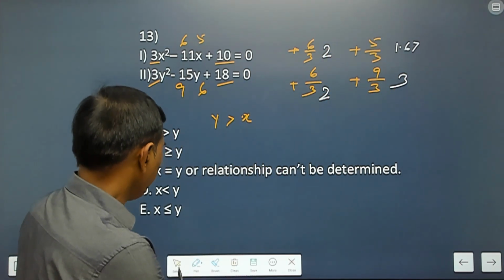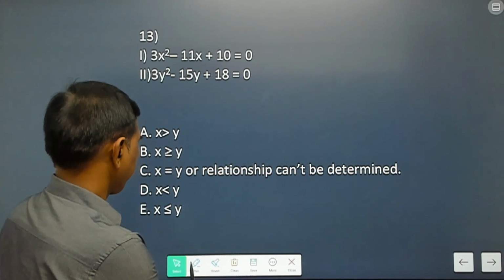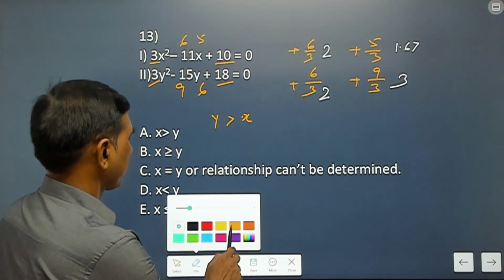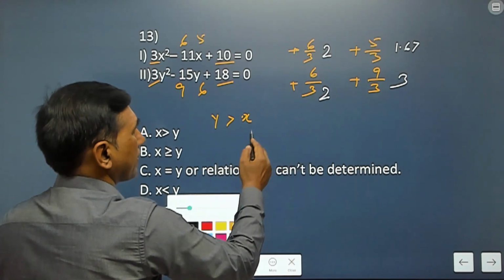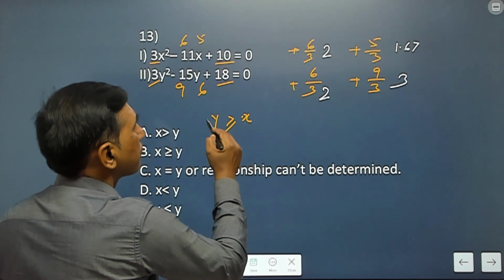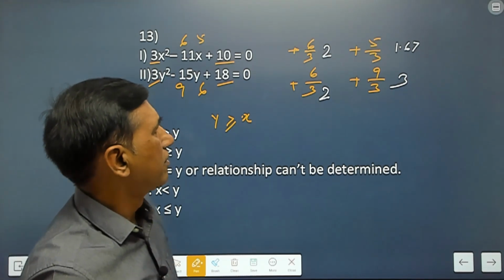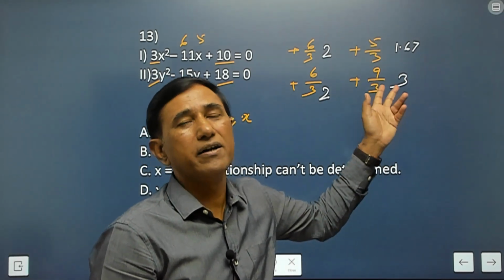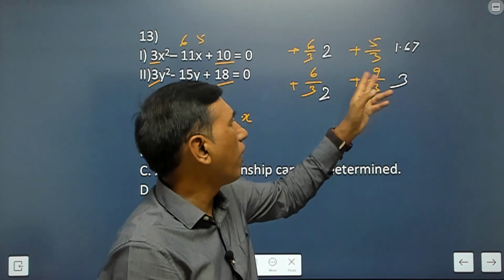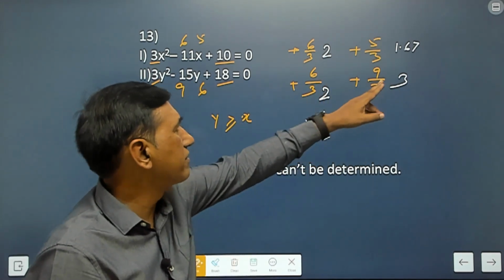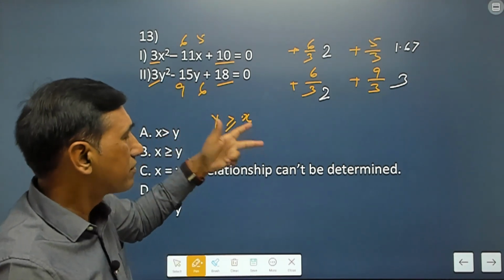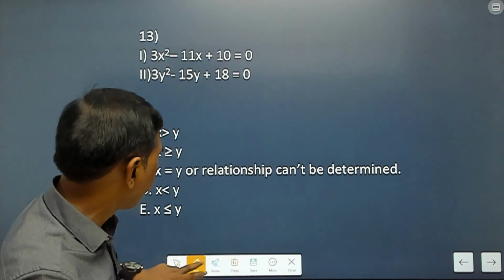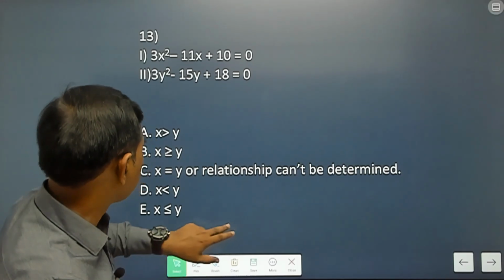So we can say that y is greater than or equal to x. But y has to be greater. Either relationship can't be established or y has to be greater. So y is greater than or equal to x. If you know these things, then chances of committing error reduces drastically.